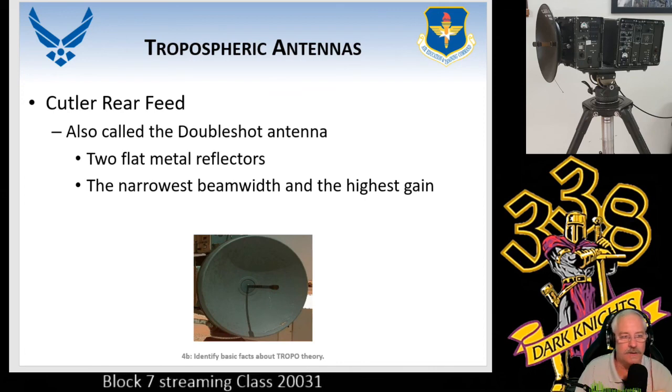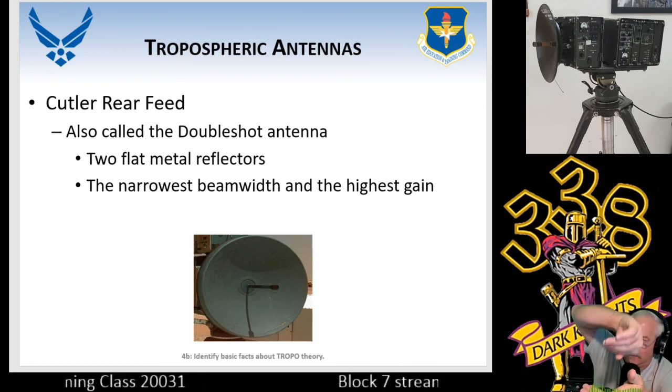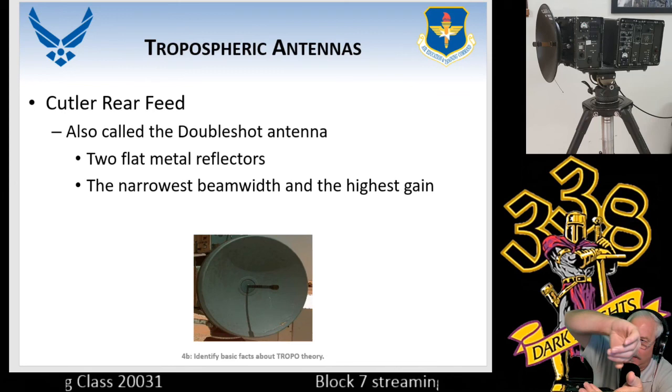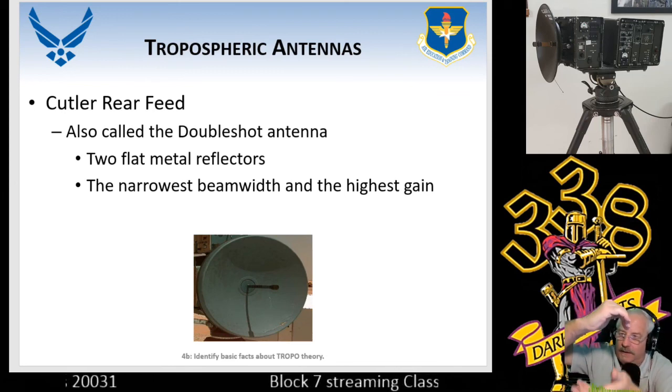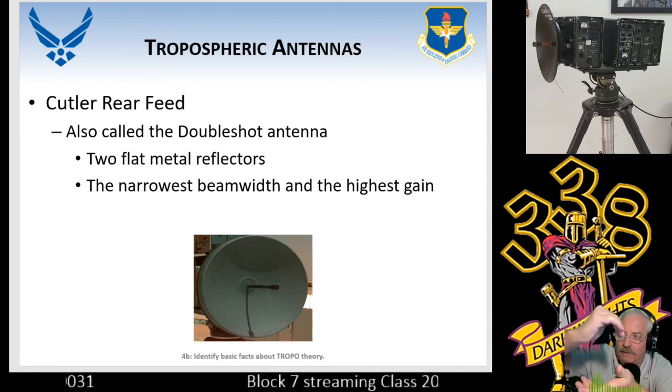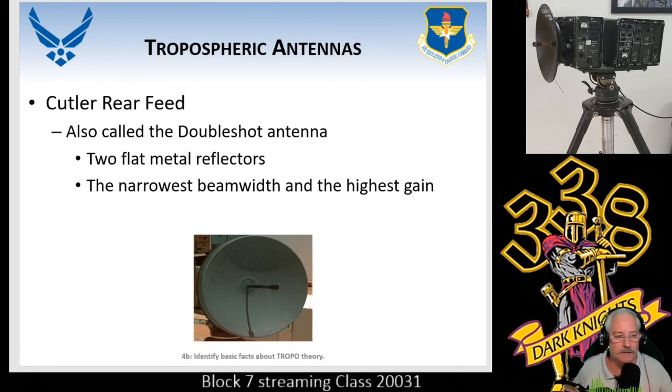Now the difference between that one and the parabolic is that the parabolic has a dish here and a small dish on top of it. This one actually has, coming off of the dish, two metal reflectors that are going to channel through the waveguide to the antenna. Kind of crazy the way it works.